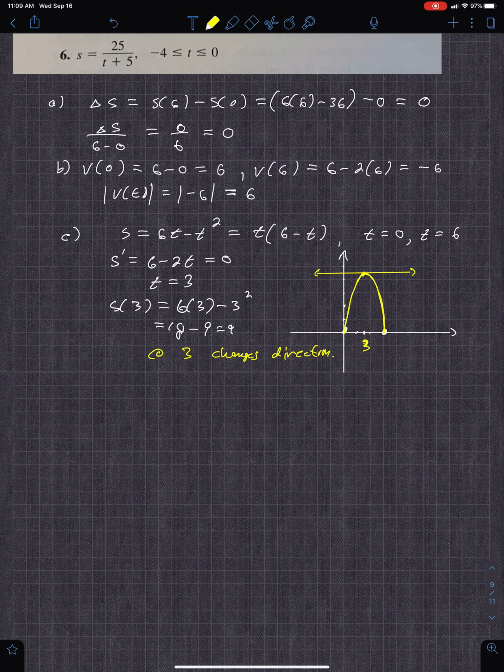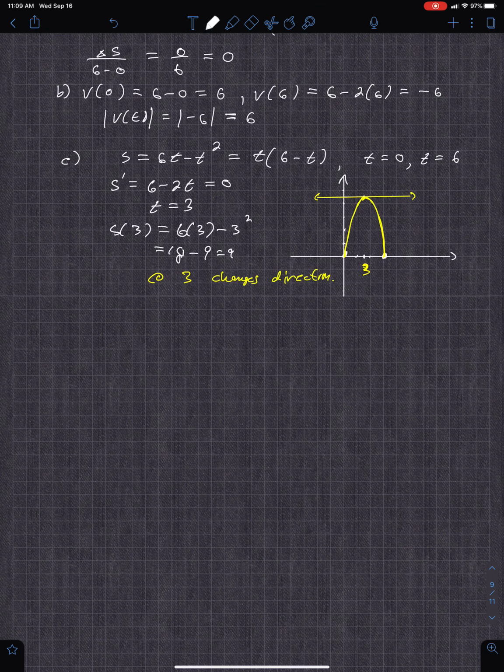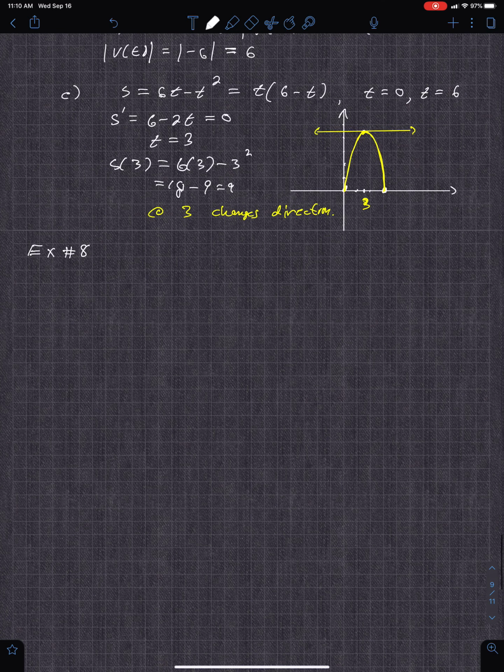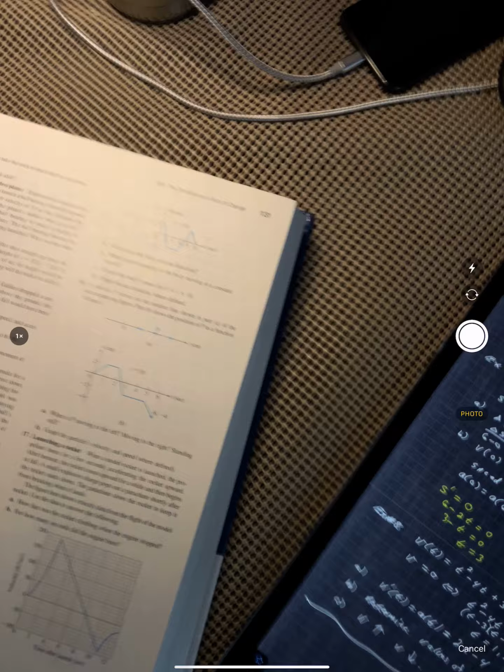So try number 8. Okay, so number 8 in the book. And take a look at that. I'll read it to you, but I'm not going to take pictures. Well, I could take a picture real quick. Why not? We're doing this one a little differently today. So, oops. Yeah, well, that'll work.